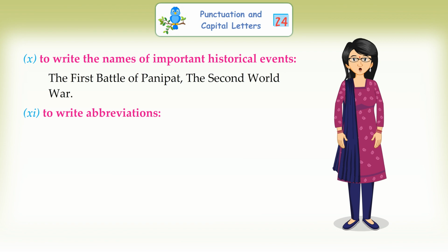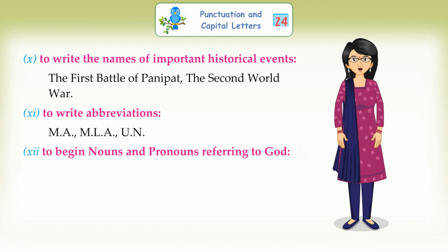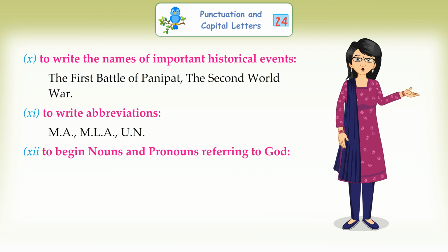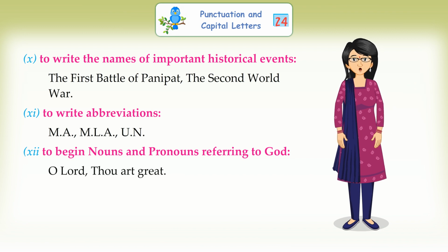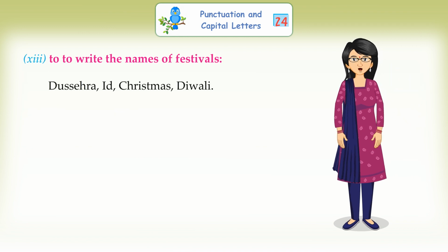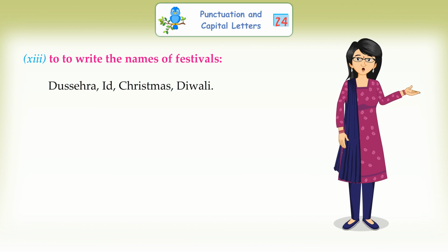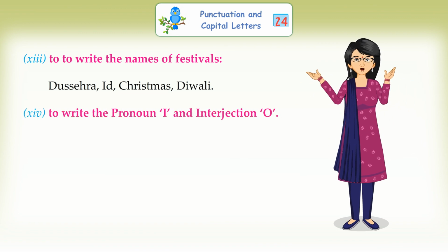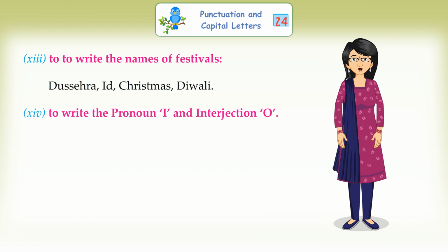To write abbreviations: M.A., M.L.A., U.N. To begin nouns and pronouns referring to God: O Lord, Thou art great. To write the names of festivals: Dashera, Eid, Christmas, Diwali. To write the pronoun I and interjection O.